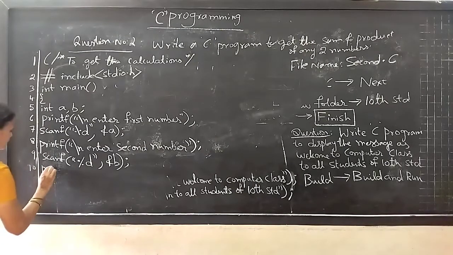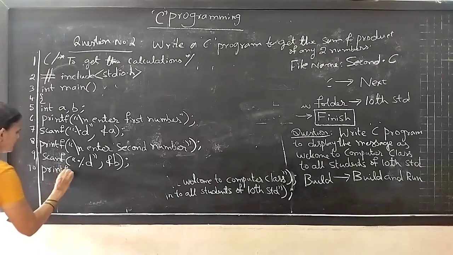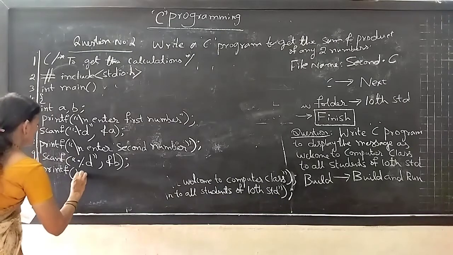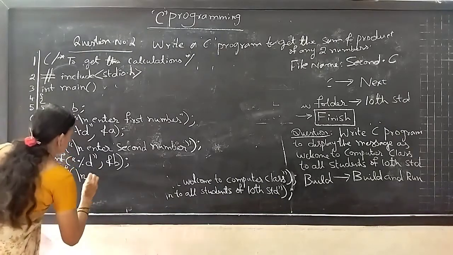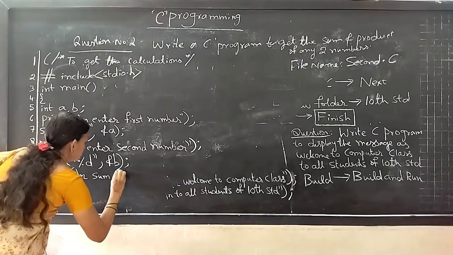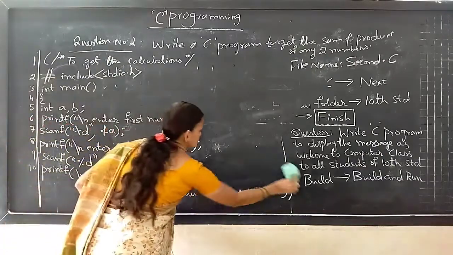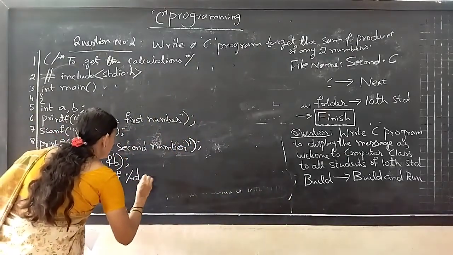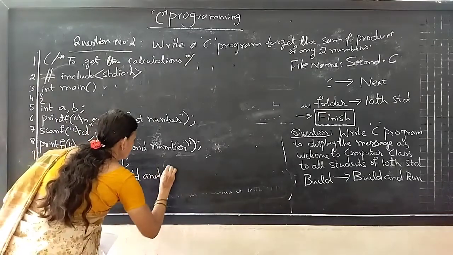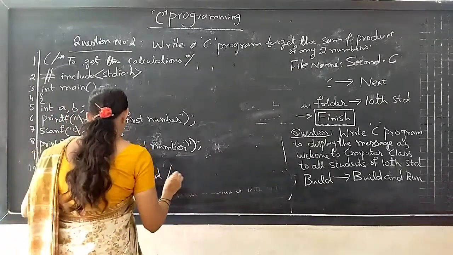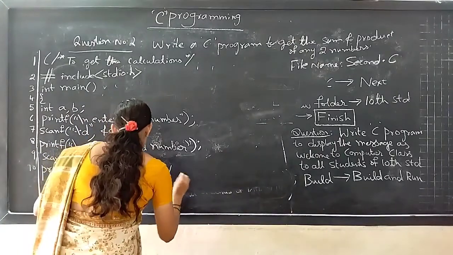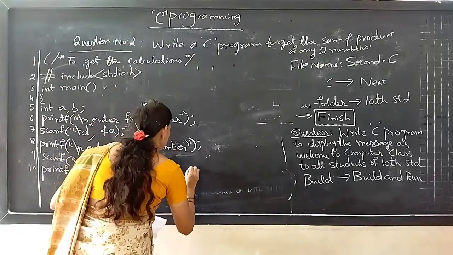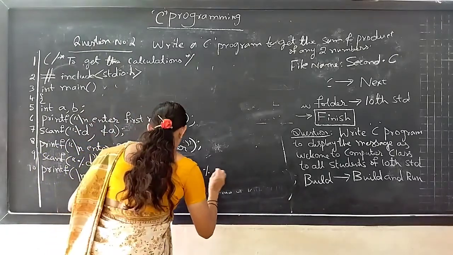Then we have to write printf. What do you want? Sum, no? So printf, open bracket, backslash n, sum of percentage d and percentage d is percentage d.